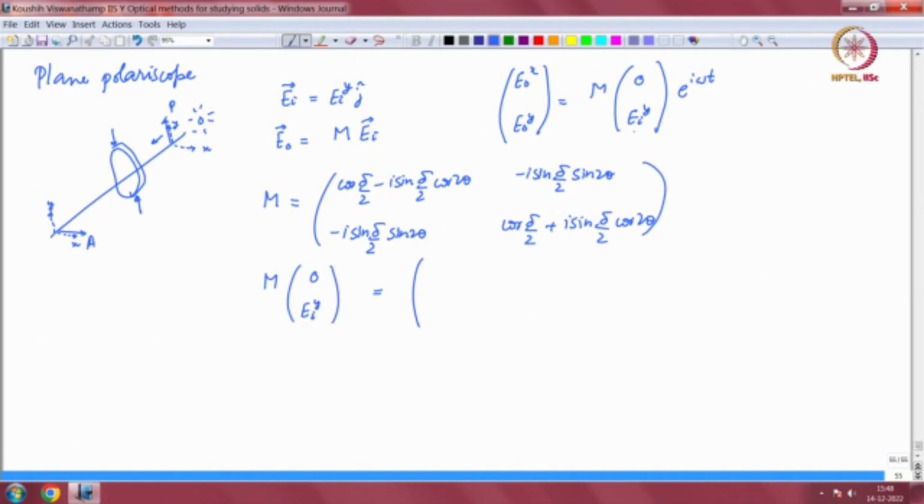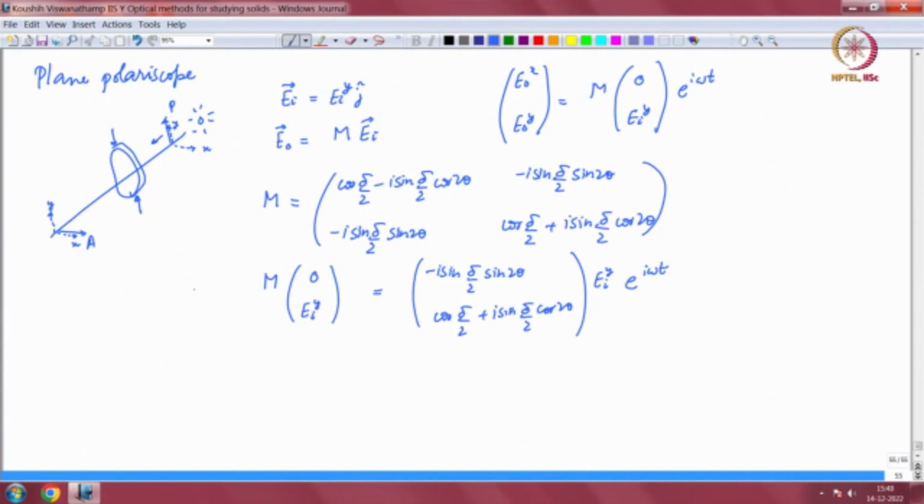That is the first term. So, you will get minus i sin delta by 2 sin 2 theta, and then this times this plus this times this, so you will get cos delta by 2 plus i sin delta by 2 cos 2 theta. The whole thing, of course, I am just taking the E_y value out, the e to the power i omega t. Simple matrix algebra, nothing very complicated going on.